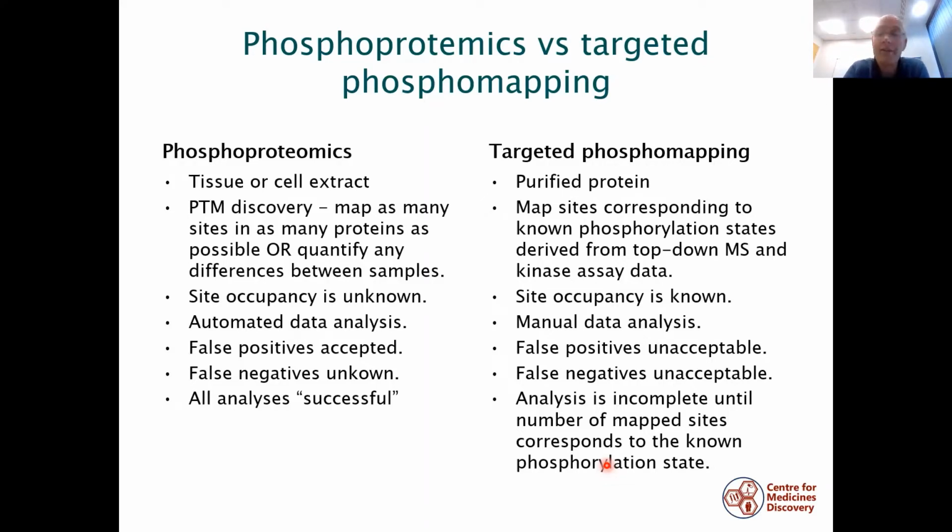Also, false negatives are not acceptable. And in a targeted approach, your analysis is incomplete until you have mapped a number of sites which corresponds to the known phosphorylation state. So if you have a phosphorylation state of 3, you need to have mapped at least 3 sites. Otherwise, your work is incomplete.